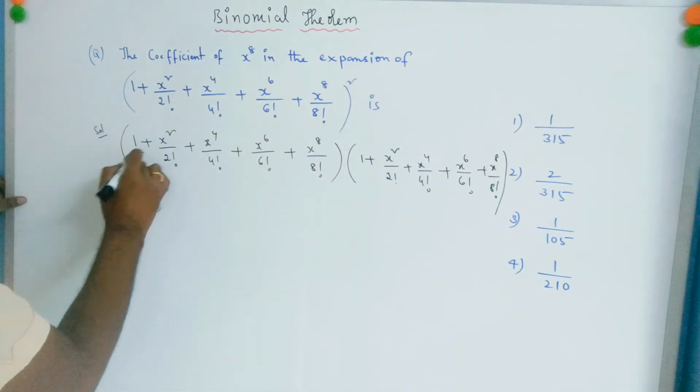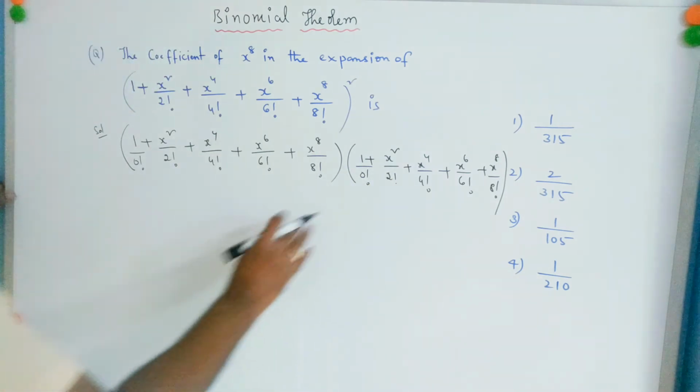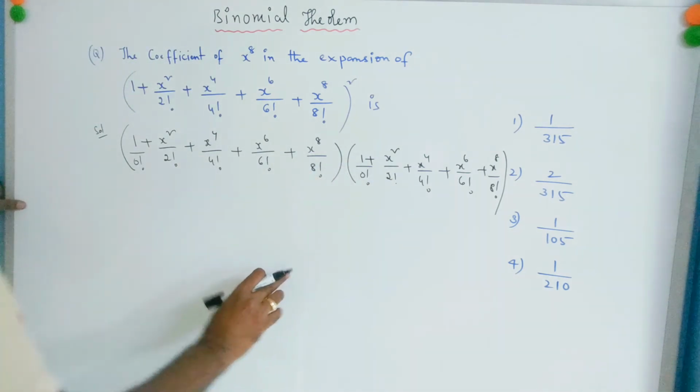Okay, now 0 factorial is 1, and here also 1 by 0 factorial. 0 factorial value is 1.